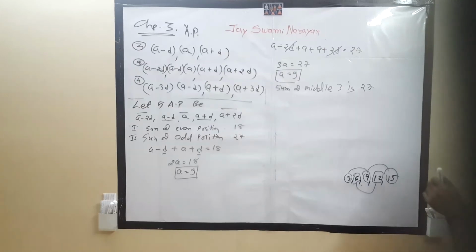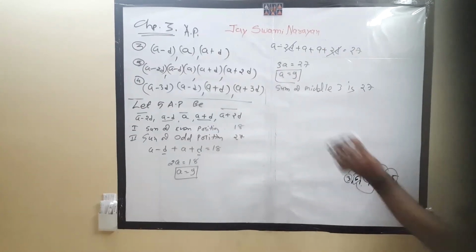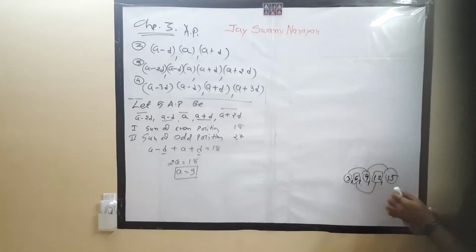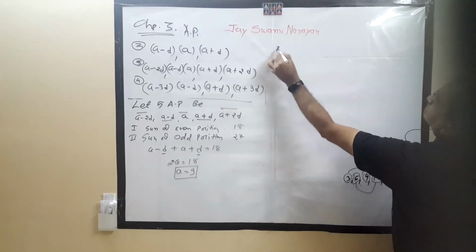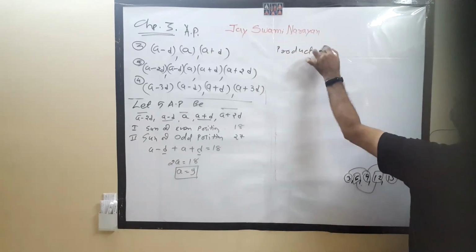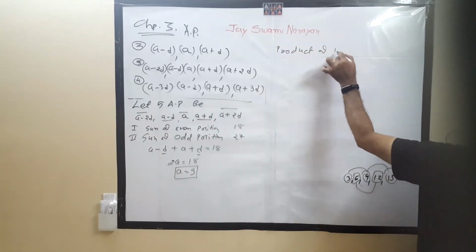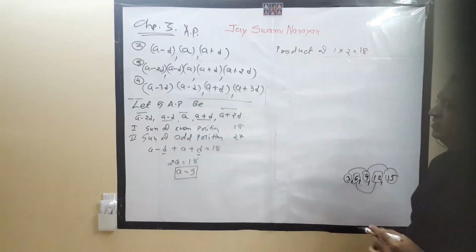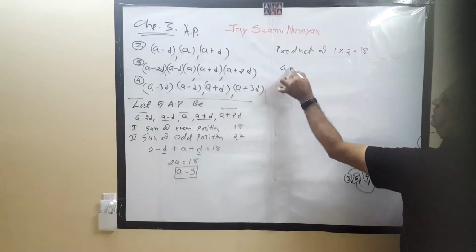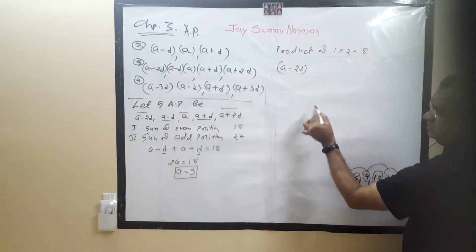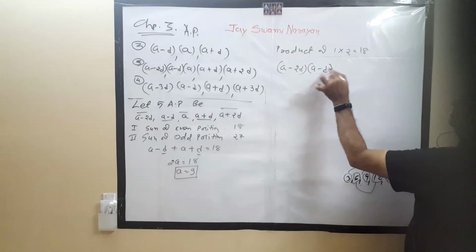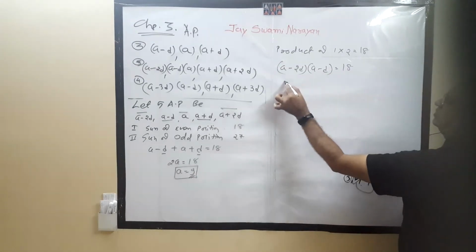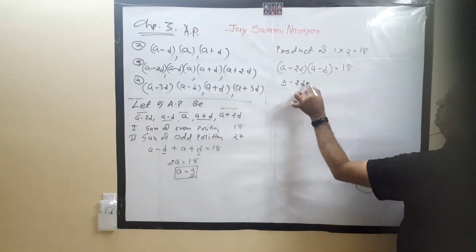We will take the product of the first two numbers, which is 18. So the first number is a minus 2d. Second number is a minus d. Now a is 9. So 9 minus 2d times 9 minus d.